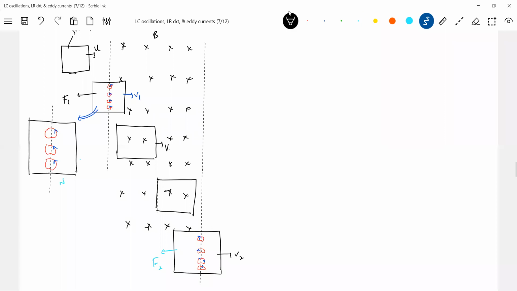I'll give one more example. This is a North Pole. This is a South Pole. So here I will take a loop. Let it be suspended.